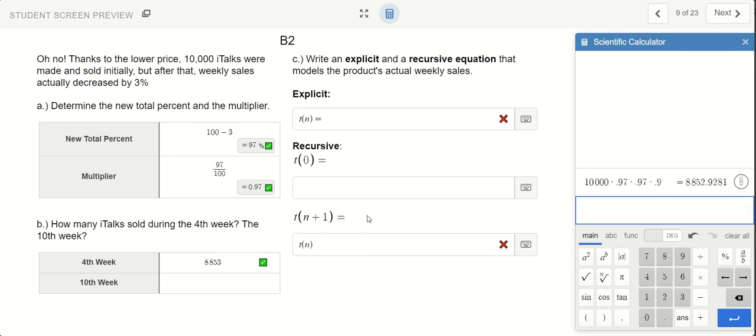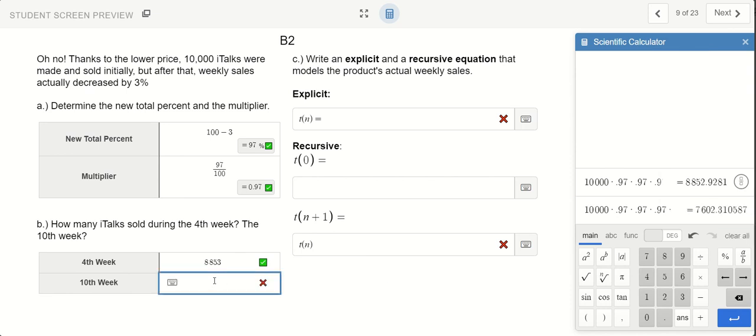And if I sold 10 weeks' worth, I'm going to keep multiplying 10 times. 1, 2, 3, 4, 5, 6, 7, 8, 9. Wait, that's not right.